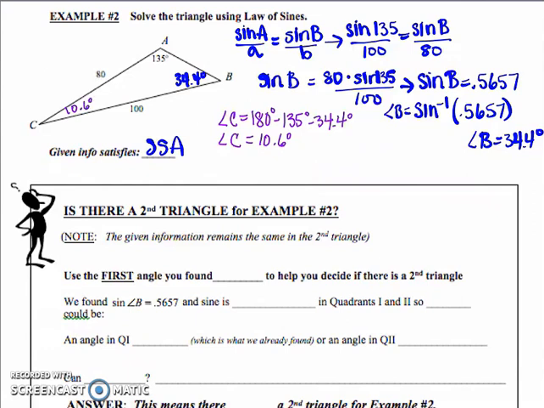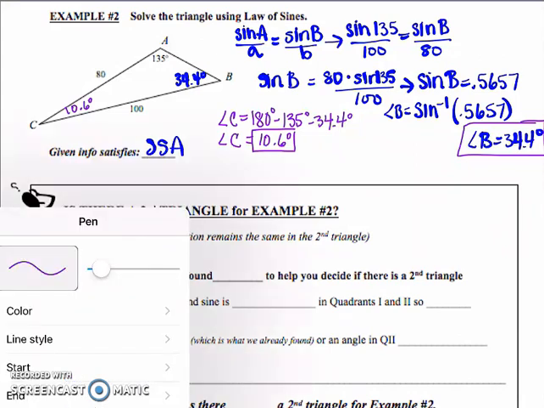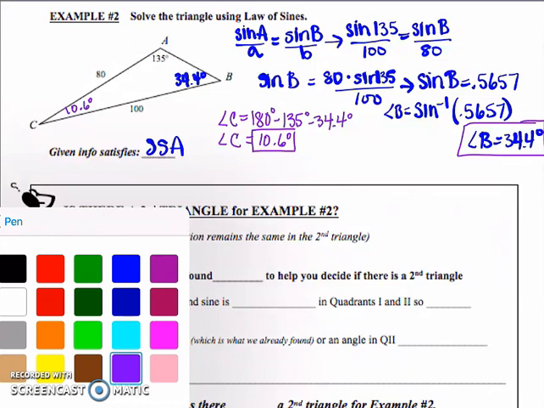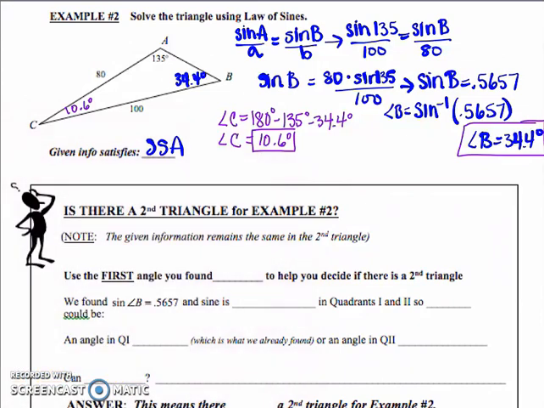So I have one more piece of information that I need to find, and that is going to be side C. I found angle C, I found angle B. So I'm going to again use the law of sines to solve for side C. And I always like to go back to using the information that I'm given in the problem just because I feel like that's safest.